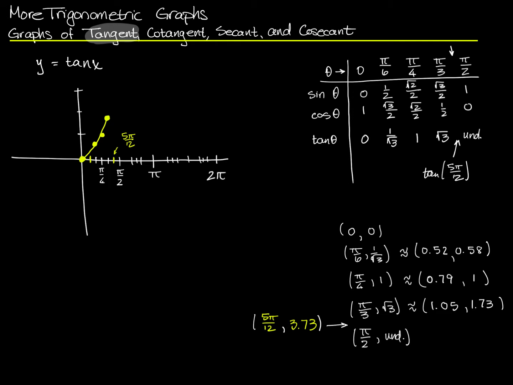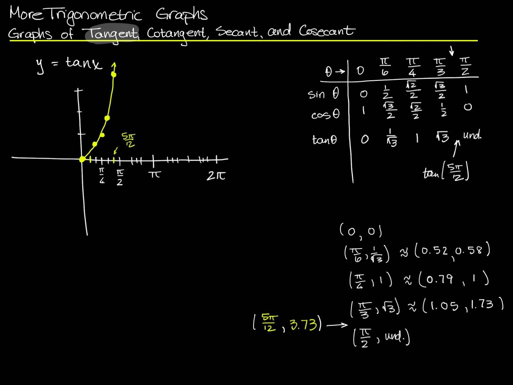See if I can do this. Right about there. My graph does indeed continue up. The question is, how far and in what way? Does it behave like a quadratic or a cubic, or is it asymptotic? And the answer is, it's asymptotic, because at pi over 2, tangent is undefined.